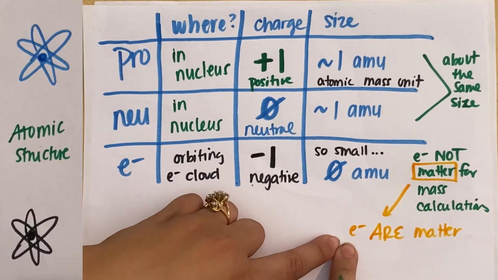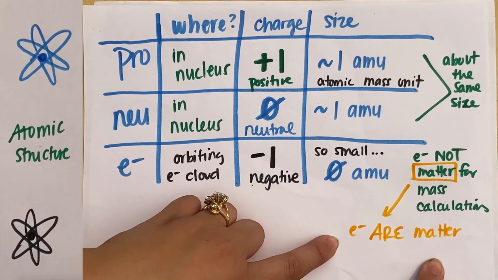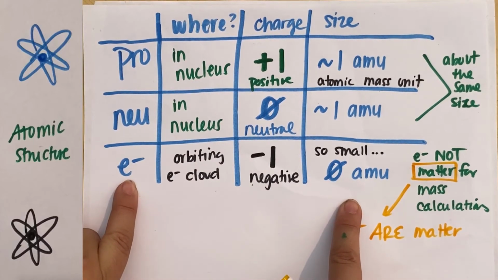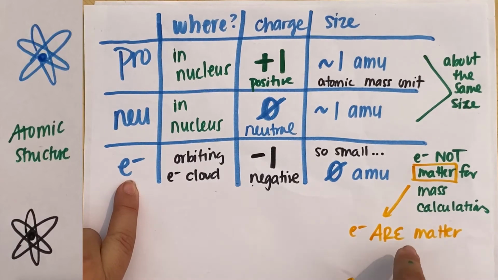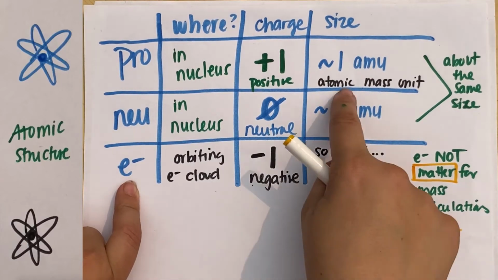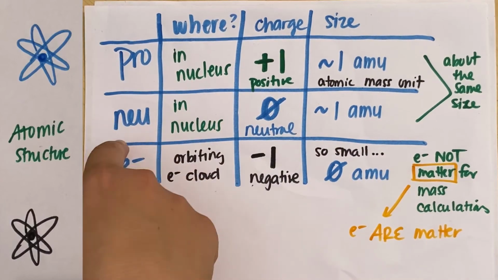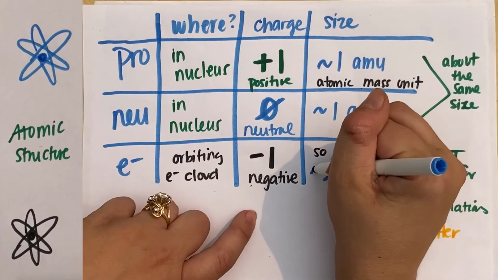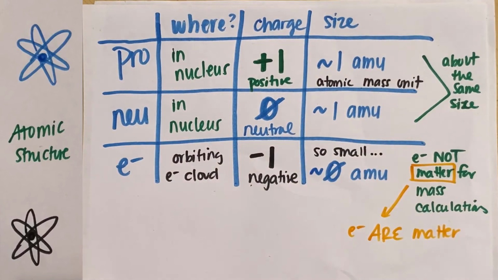Remember, for something to be classified as matter, it has to have mass and take up space, which an electron does. An electron is matter. It's just that it's so small, it's negligible in comparison to protons and neutrons. So for simplicity's sake, we just consider it to be about 0. Hopefully that makes sense-ish.